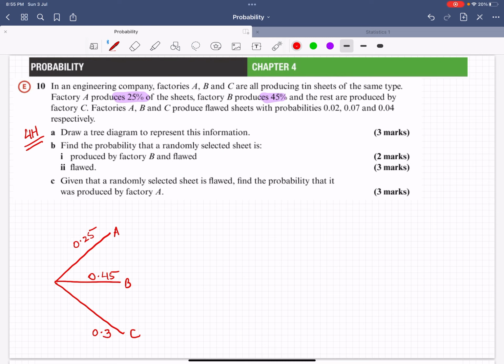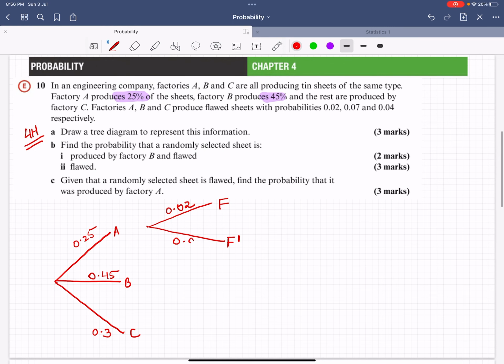Now, there's another piece of information: all three factories A, B, and C produce flawed sheets with the probabilities of 0.02, 0.07, and 0.04. So factory A produces flawed sheets. Flawed means having some flaw, and the probability is 0.02 for factory A. If the probability of producing a flawed sheet is 0.02, the probability of producing a sheet which is not flawed will be 0.98.